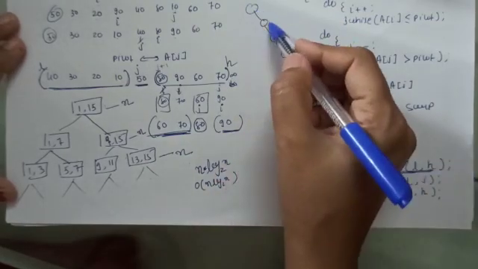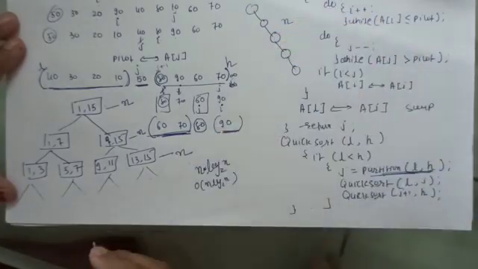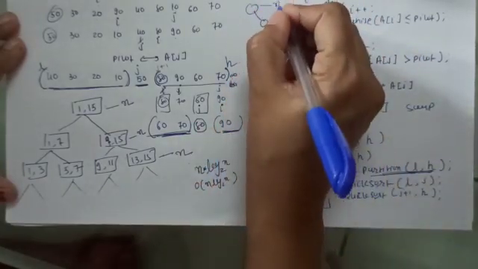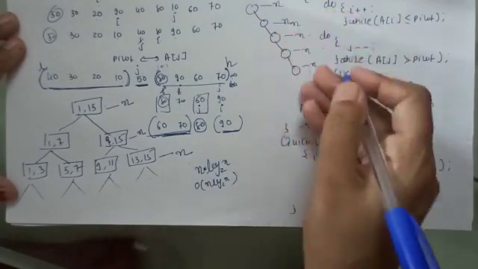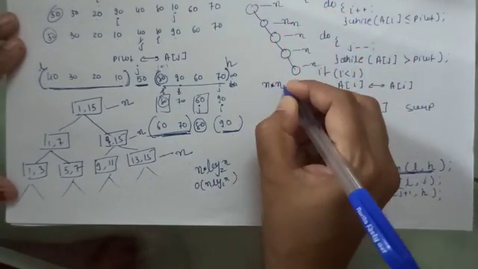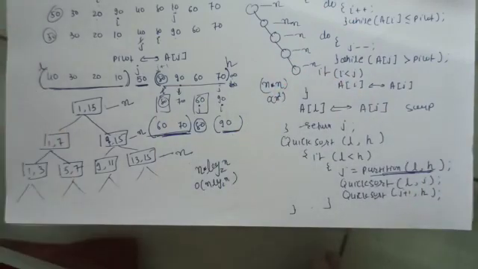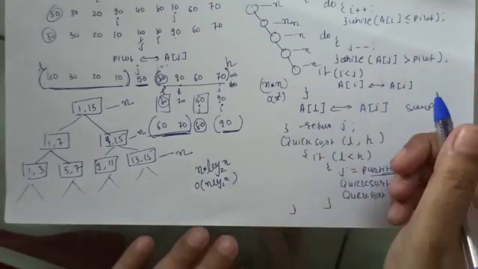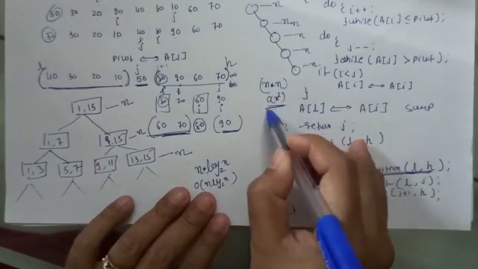So the height of this tree is n, and the complexity of the partitioning procedure is n at each level. Then n multiplied by n, so n square is the worst case complexity of this quick sort algorithm. Worst case complexity of quick sort algorithm is order of n square.